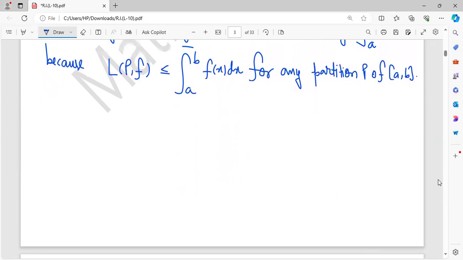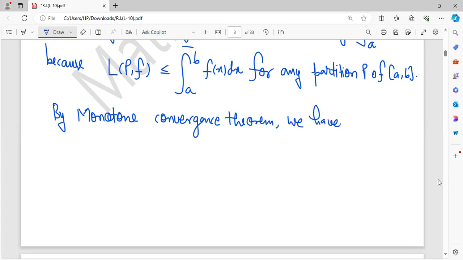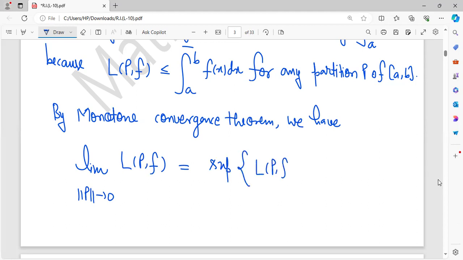So we have the limit as norm of P tends to 0 of L(P, f) is equal to the supremum of L(P, f), P a partition of the closed interval [a, b].